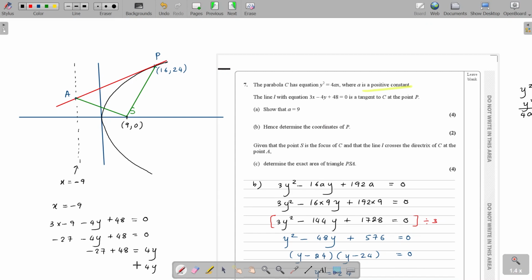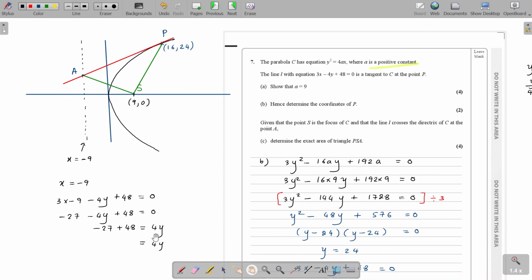Minus 27 plus 48 is 21. So y equals 21 divided by 4, right? Which is 5.25. So the A coordinate is minus 9, 5.25.